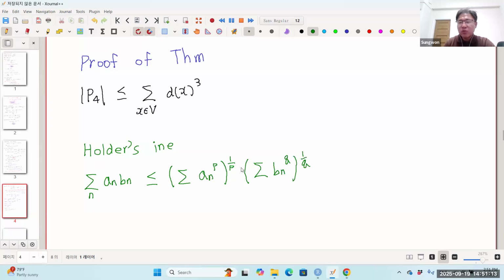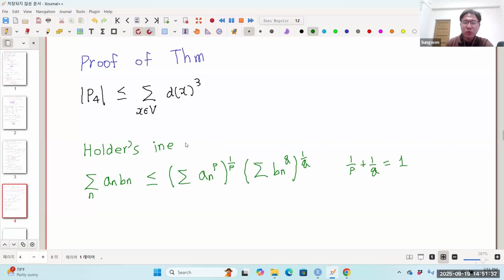By the way, these a_n and b_n are all positive. But there's a restriction on p and q, that 1 over p plus 1 over q has to be equal to 1. And this is the same for integration, not just sums, but also integrals.